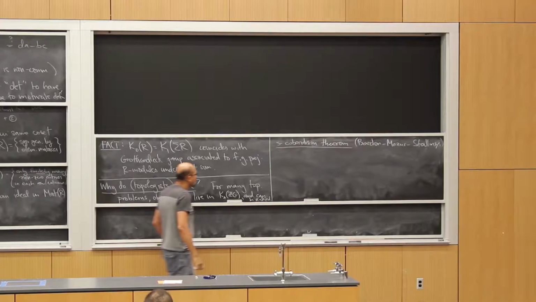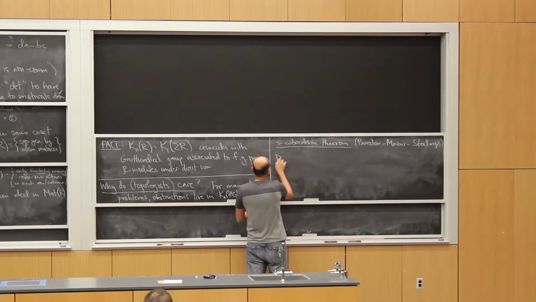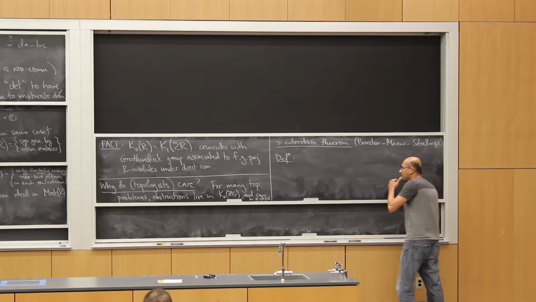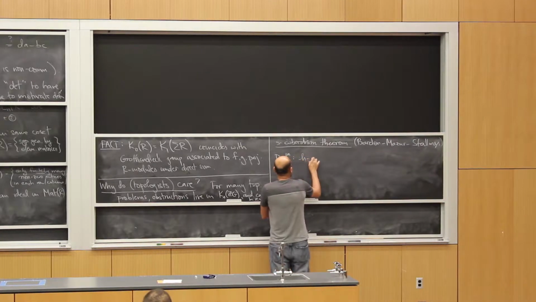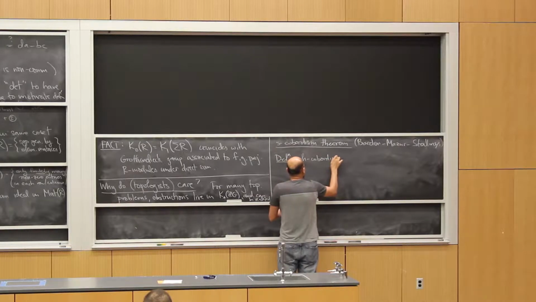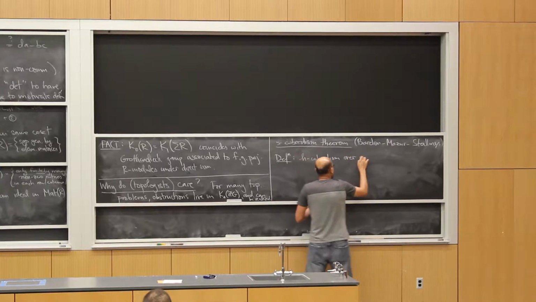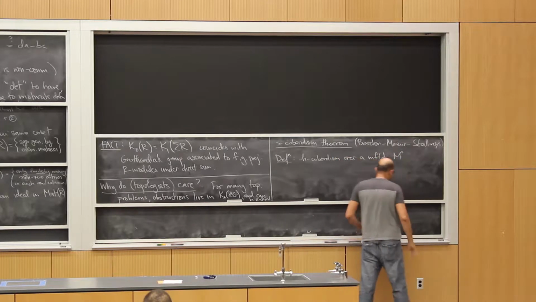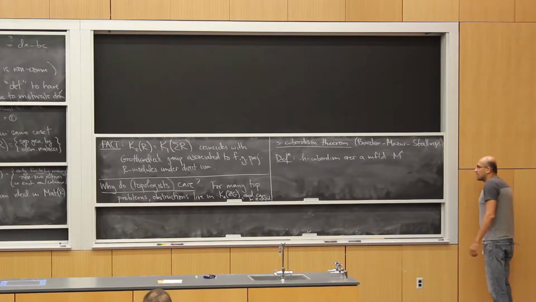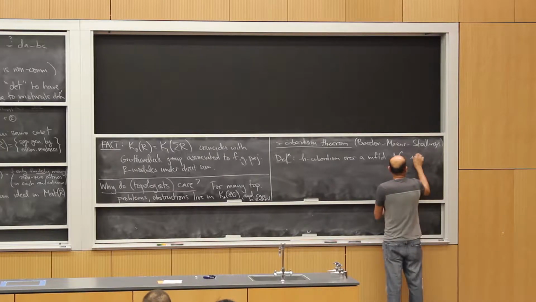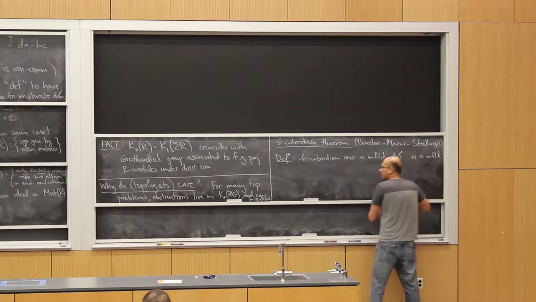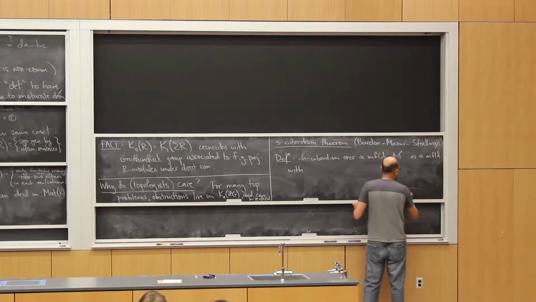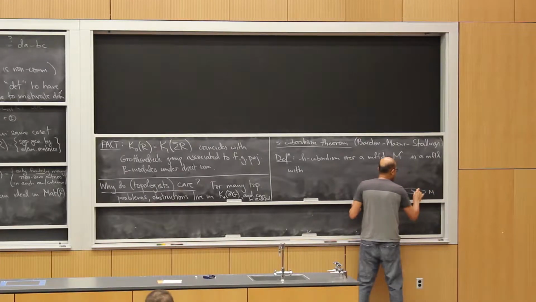An h-cobordism over a manifold M, let's say of dimension n, is a manifold with boundary. Here I'll draw you the picture. Here's my M, maybe with some topology.